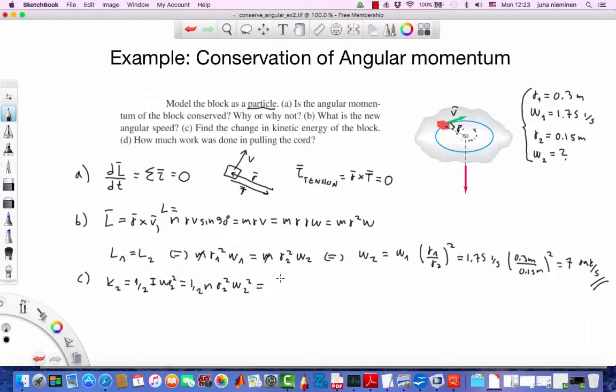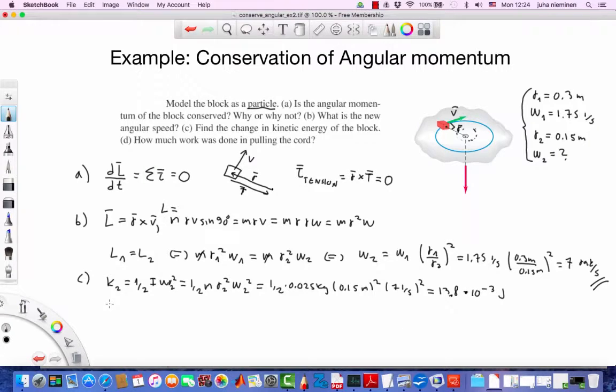So let's calculate the value. So half times mass 0.025 kg times the radius 0.15 meters squared, and the angular velocity after is 7 radians per second, and we get about 13.8 times 10 to the minus 3 joules.